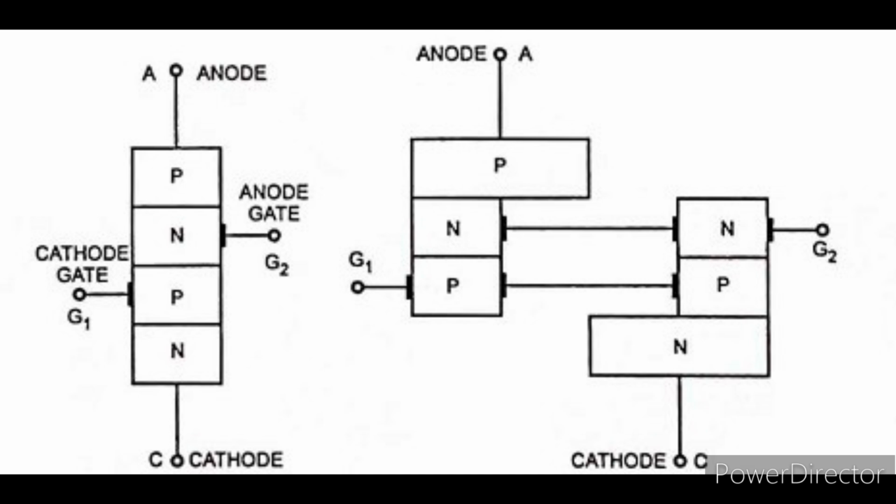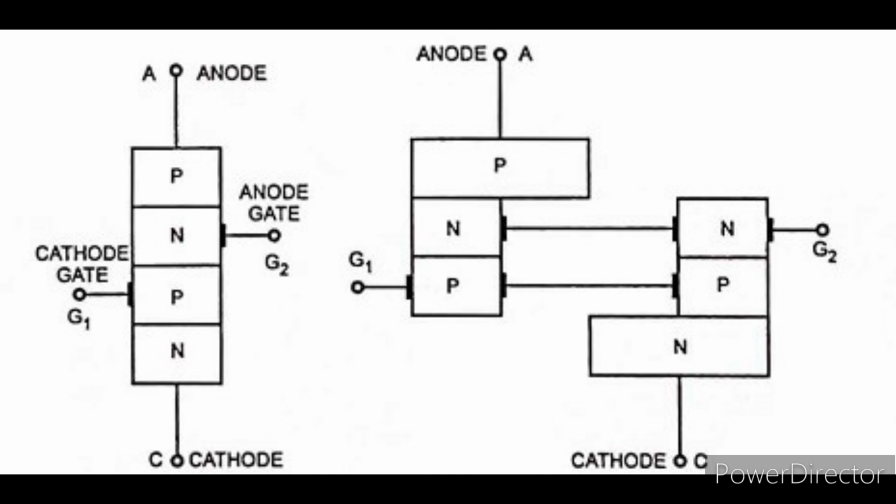So this forms a four-layered structure, the four layers being PNPN, and this forms the three junctions.